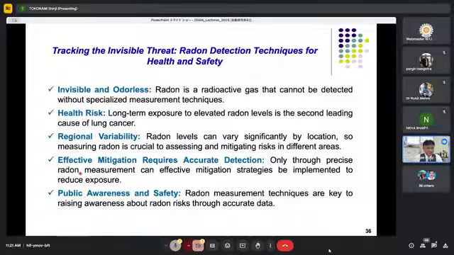Only through precise radon measurement can effective mitigation strategies be implemented to reduce exposure. Public awareness and safety: radon measurement techniques are key to raising awareness about radon risks through accurate data.